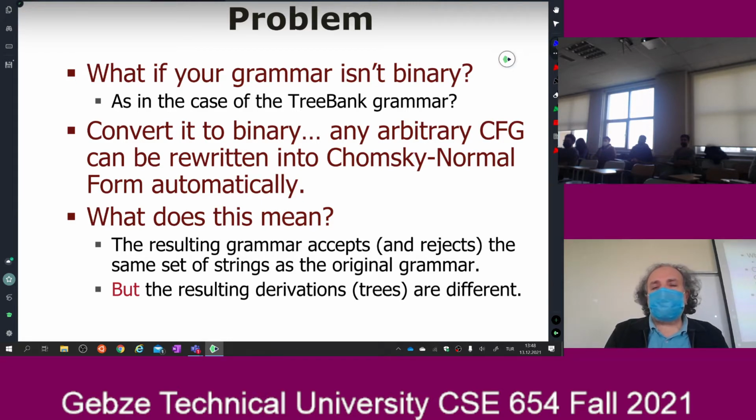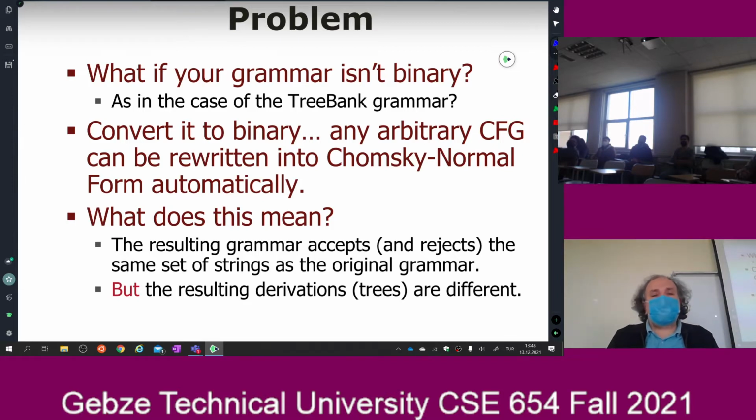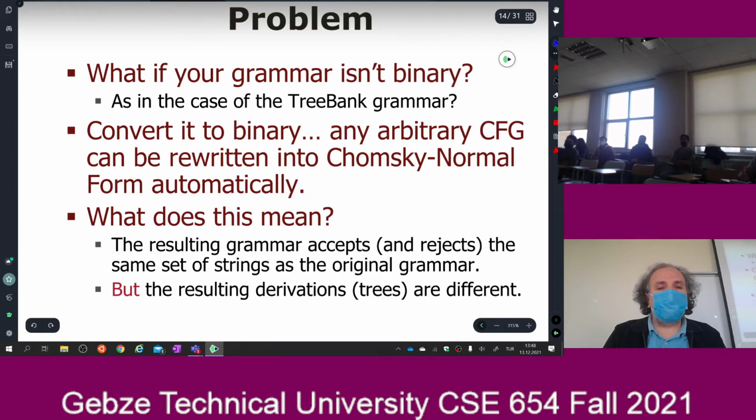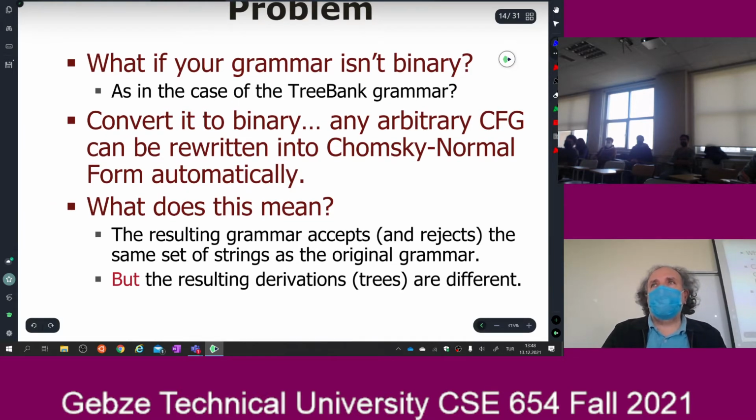And the theory says that any arbitrary context-free grammar can be written into a binary form, Chomsky normal form. And what does that mean? It means that if I have an input grammar and I convert it to the Chomsky normal form, whatever the original grammar accepts, I will accept. Whatever it rejects, I will reject.